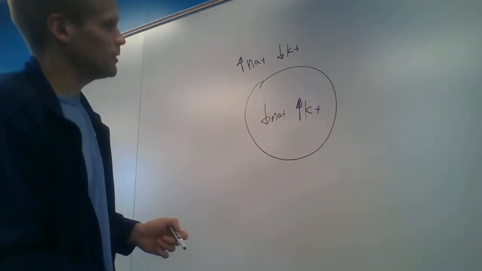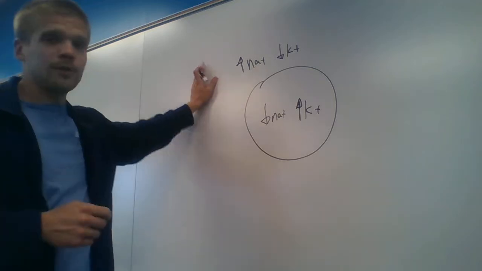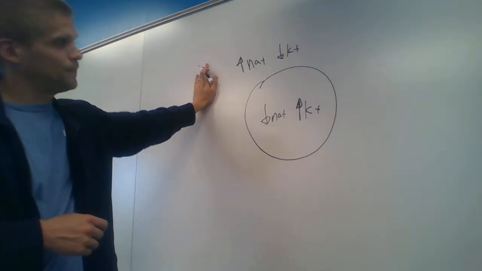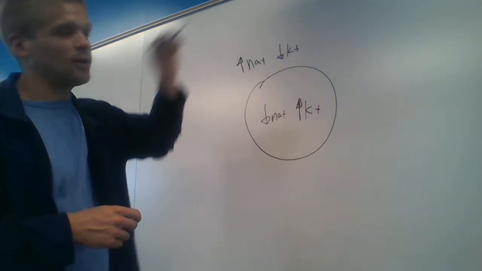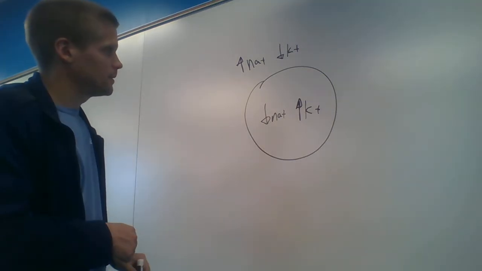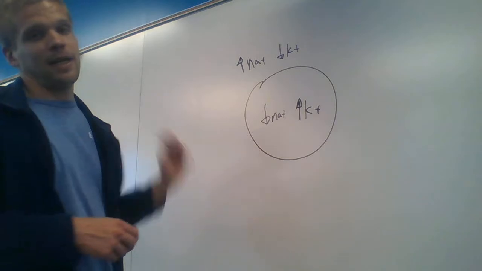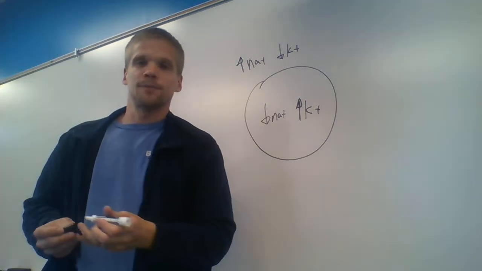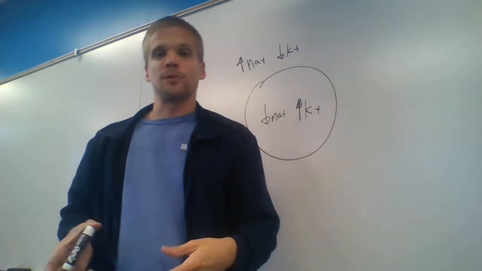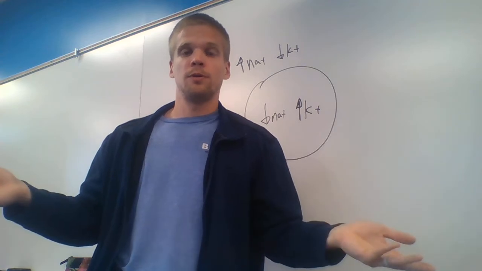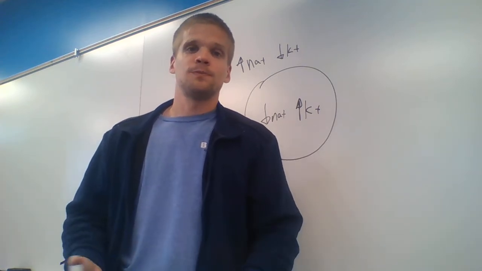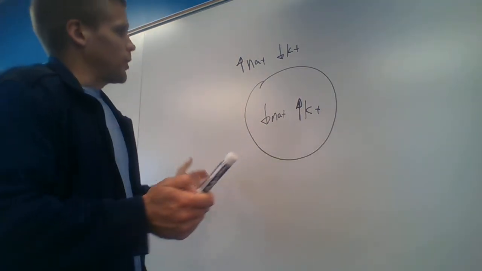Okay, so when we look at a cell, this is what we see to start. High potassium on the inside, low potassium on the outside. Low sodium on the inside, high sodium on the outside. Just like the two examples that we went through. This is true for all cells. So what do we know?